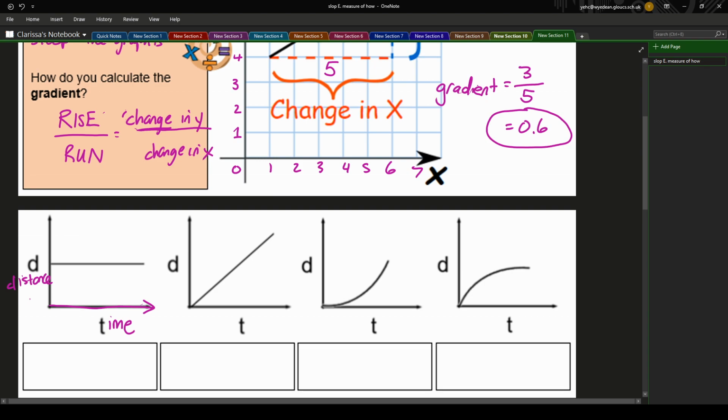So have a think about what this straight flat horizontal line represents in terms of the motion of the object. What is the object doing based off of the graph it makes? Well, because as time passes, distance isn't changing, meaning it's not going anywhere, meaning it is stationary.